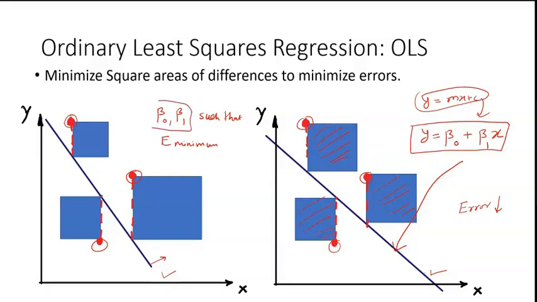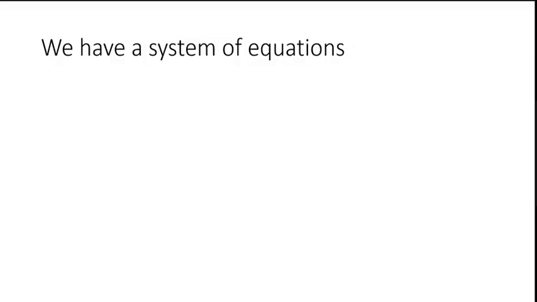So this has to happen automatically. I'm not going to adjust the things by visualizing all the areas like this. So how do I do it? We have a system of equations like this. Suppose I have a pair of samples, say x1 and y1. So the actual value is x1 as input and the corresponding output is y1. Now I do prediction based on the line that I have assumed.